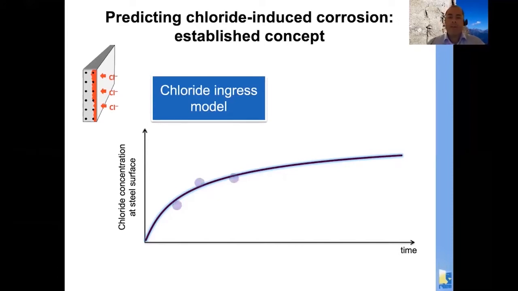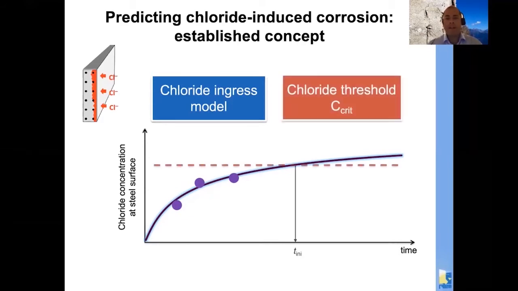And then there is the option, of course, if we have data from a certain structure by drilling and testing on the structure, that we can validate or improve the chloride ingress model. But either way, at the end, we have to compare this to a threshold that is the limit state for the model.